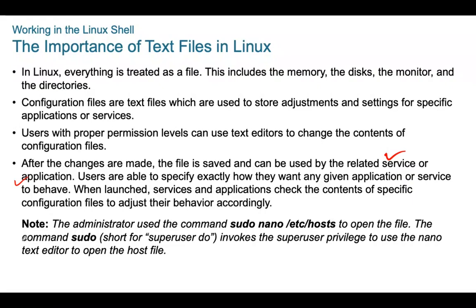So here the administrator used the sudo nano command for creating the text files, and those files will be available in the directory etc. In that directory, whoever the hosts are, it is available to only those hosts. Generally the administrators use this command to open the file. Remember, the sudo command is used for what?